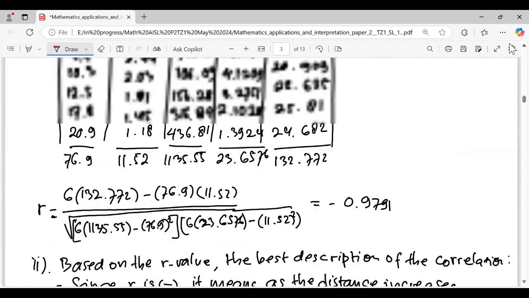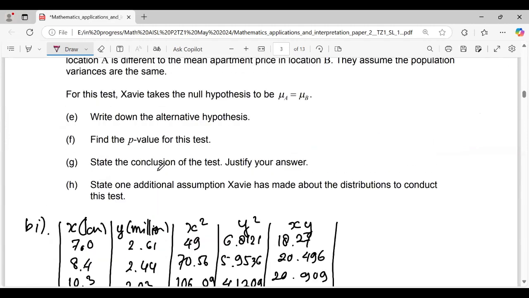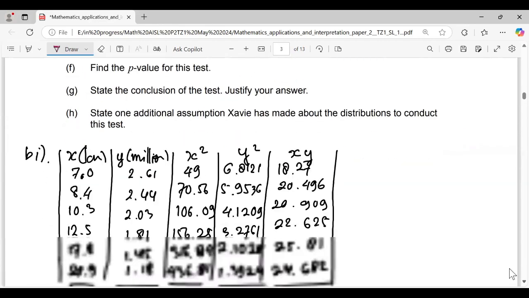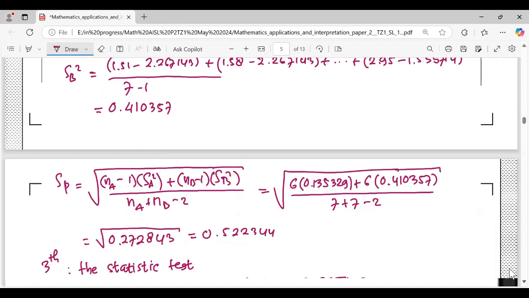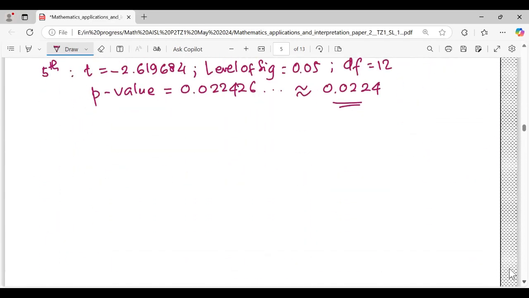Next question. State the conclusions of the test. Justify your answer. Okay. 0.0224 is less than the level of significance 0.05.